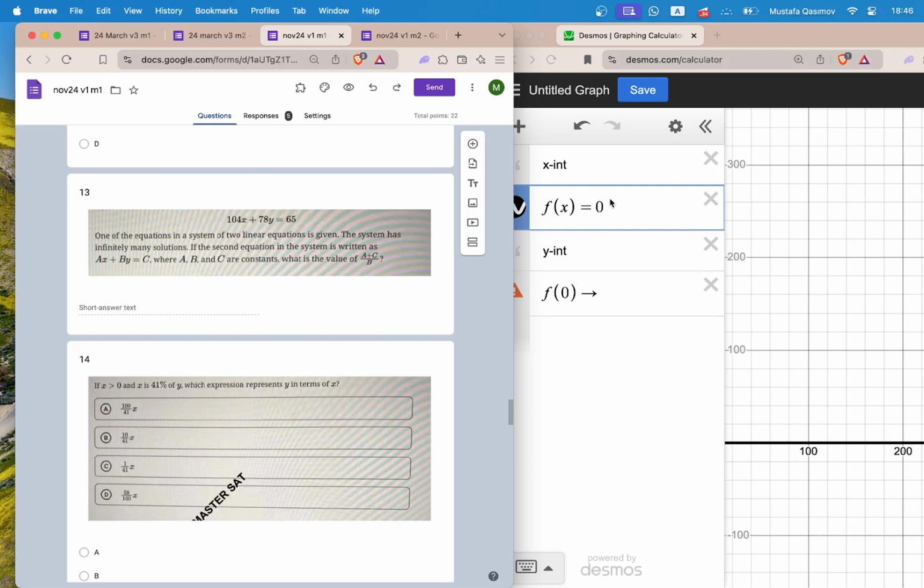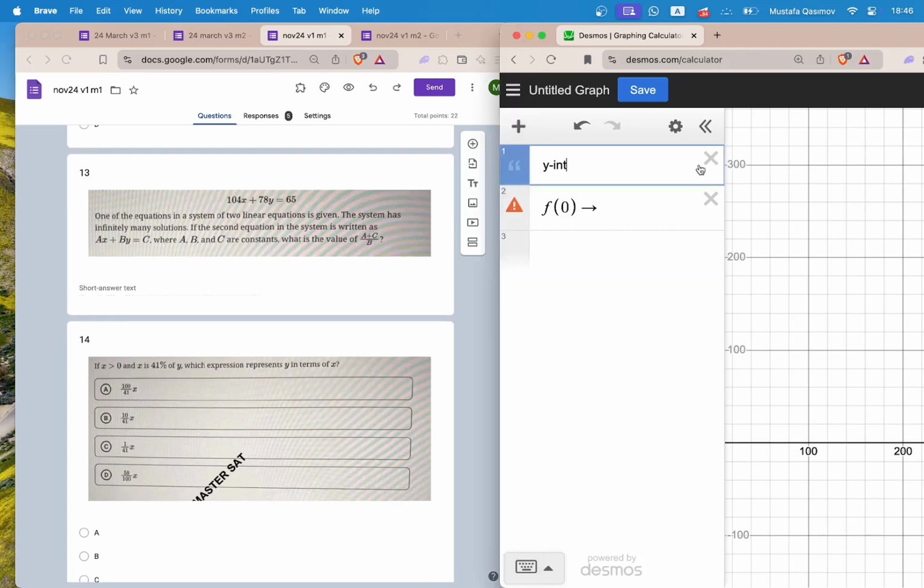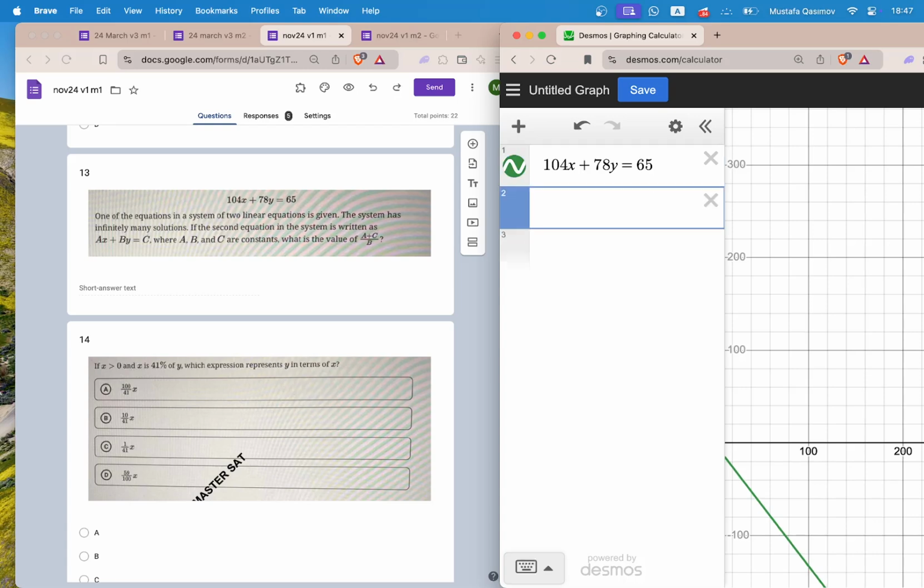For that one, it says we have two equations. One of them is 104x plus 78y equals 65. We have another equation, and these two equations have an infinite number of solutions. Then the second one will be 104kx plus 78ky equals 65k.